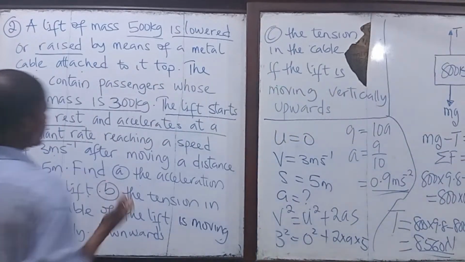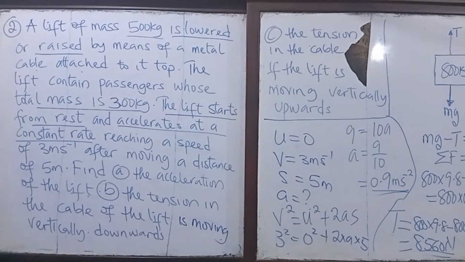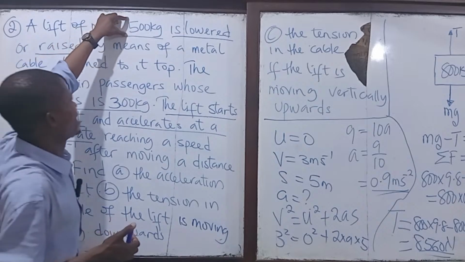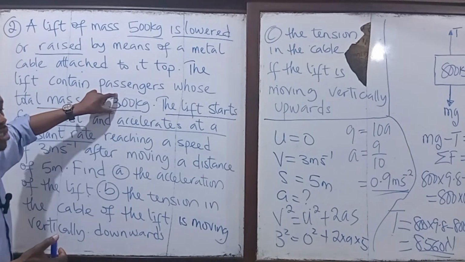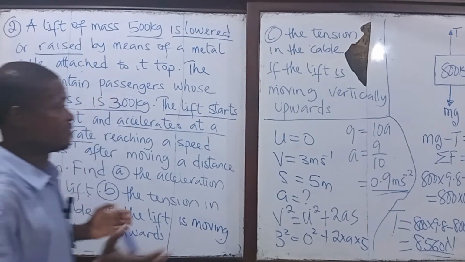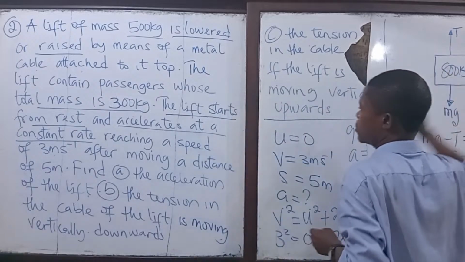The first thing we do is look at the parameters. The lift contains passengers, and the lift by itself has a mass of 500 kg, and the passengers are 300 kg. So the total mass becomes 800 kg.